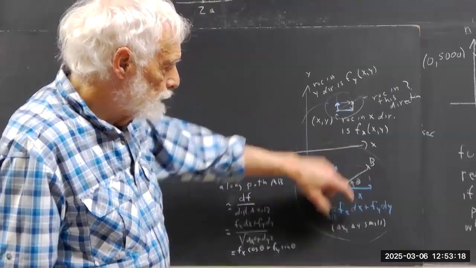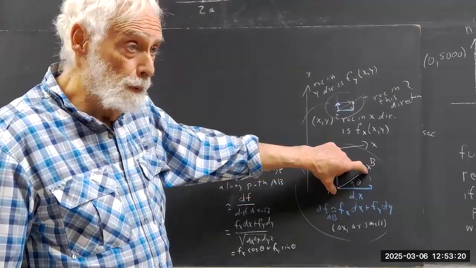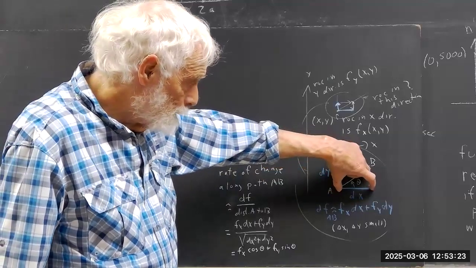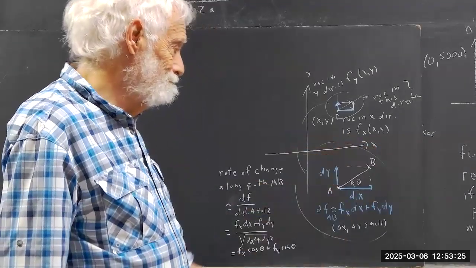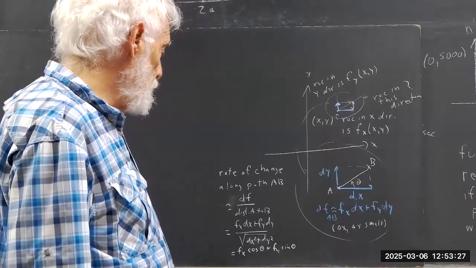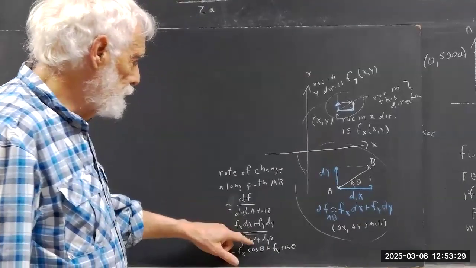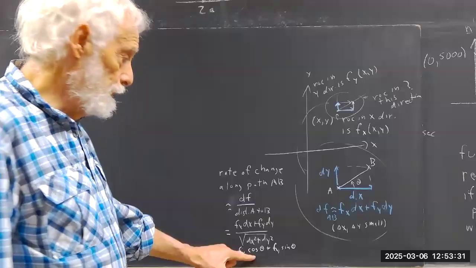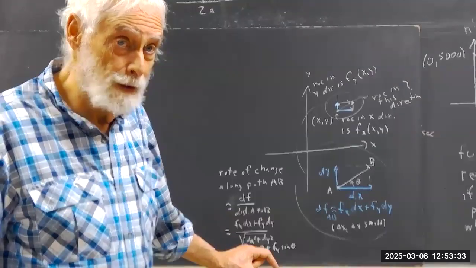The hypotenuse is the square root of dx squared plus dy squared. The adjacent side is dx, the opposite side is dy. So dx over that square root gives you the cosine of theta, dy over that square root gives you the sine of theta.